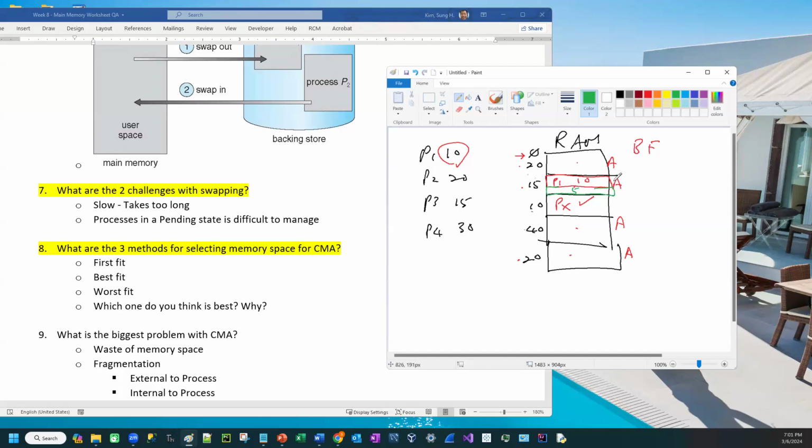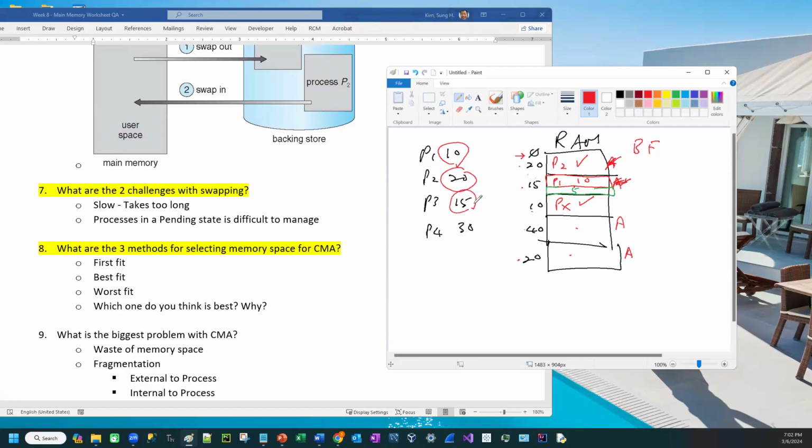Okay. Now this is taken. Now when 20 comes in, I'm going to search from here. This fits here perfectly, so I'm going to take this guy. All right. But I don't need to search anymore because it's a perfect fit. So I'll take the P2, 20, everything. So this is all not available anymore.